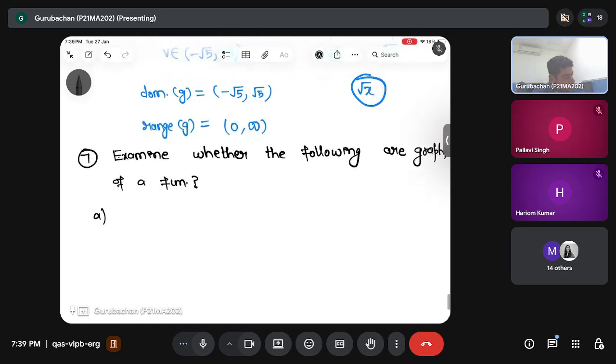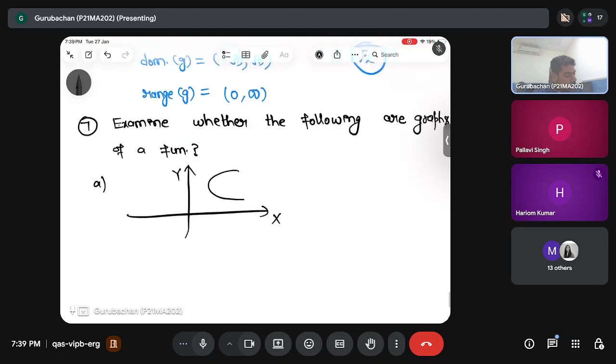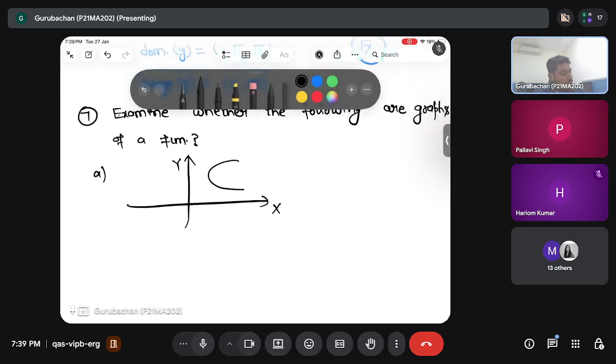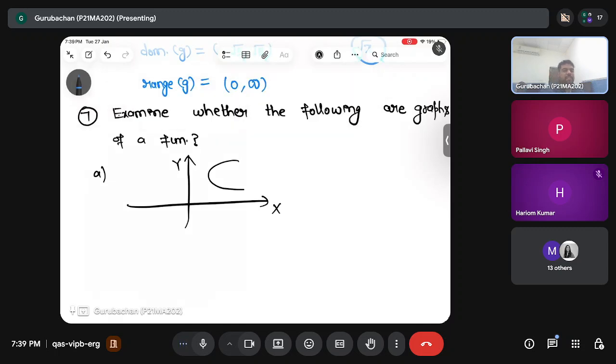The first one is... So how will you tell whether this is a graph of a function or not? Sir, we can use the vertical line test, sir. Vertical line test. Yes, sir.